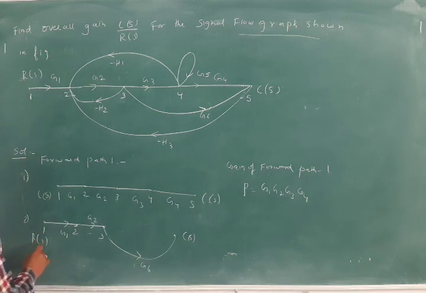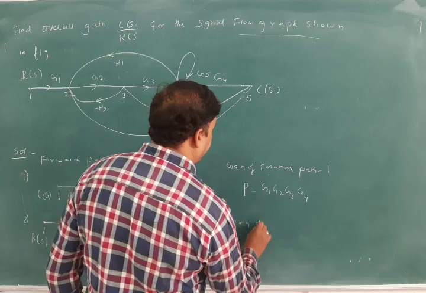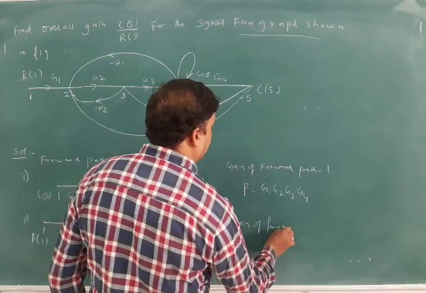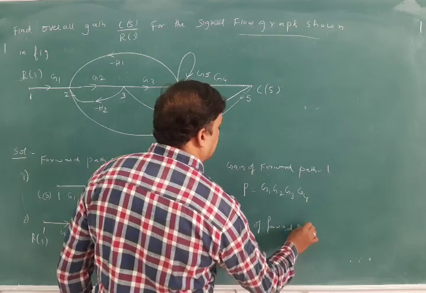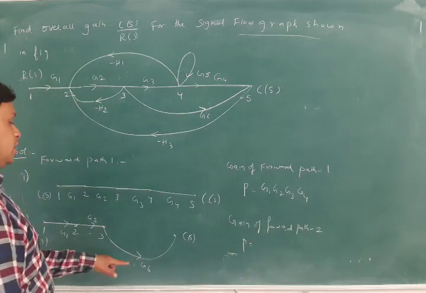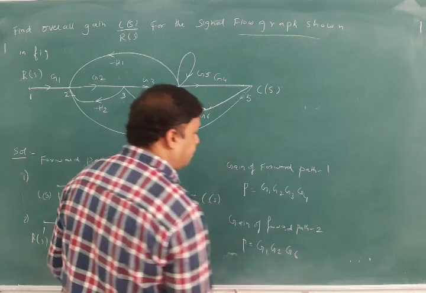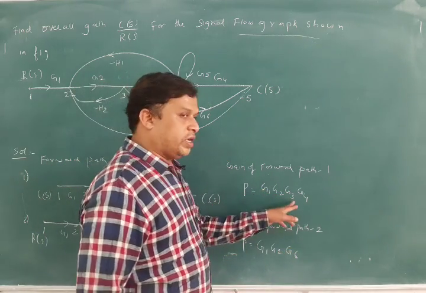So if you see this one, then you can write the gain of the forward path 2. The gain of forward path 2 is P is equal to G1, G2 and G6. Already we have written path 1, so we need not write G3 here.